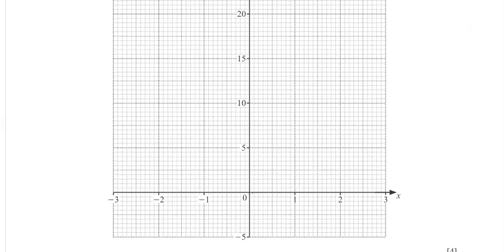So horizontally each box is 0.1. Vertical scale, 10 boxes are making 5, so one box will be equal to 5 over 10, meaning 0.5.